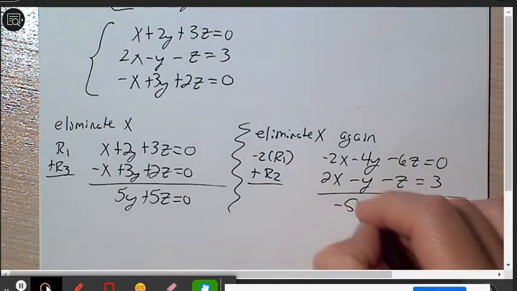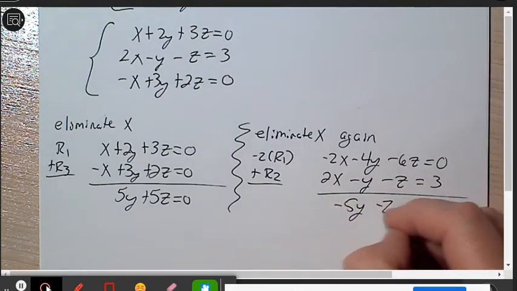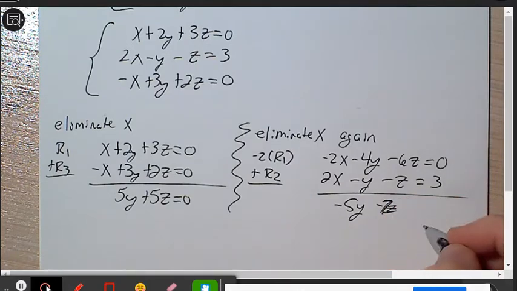Now you have negative 5y minus 7z equals 3. Okay.